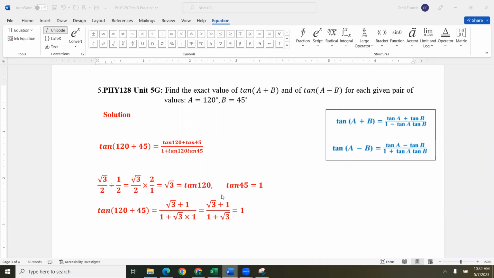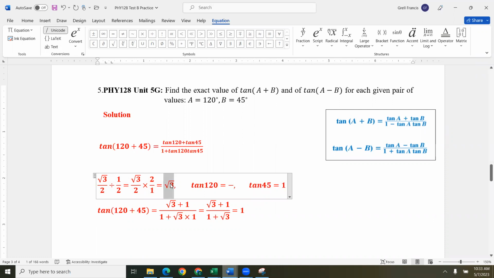Actually, there is an error because tan of 120 is not root 3. Tan of 120 is negative root 3. Okay, we have to take note of this. It's tan of 60 that is root 3, but tan of 120 is negative root 3. So always when we see tan 120, we have to put negative root 3.